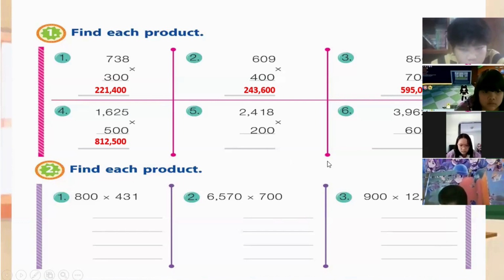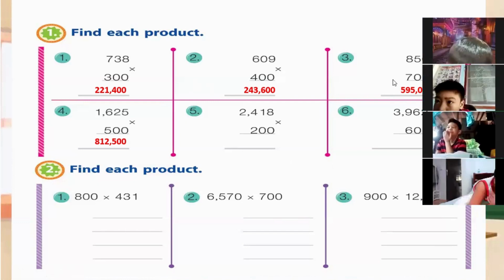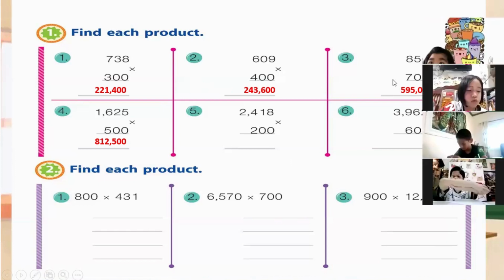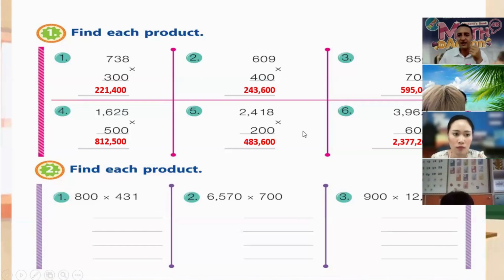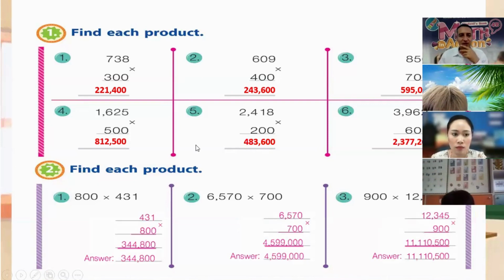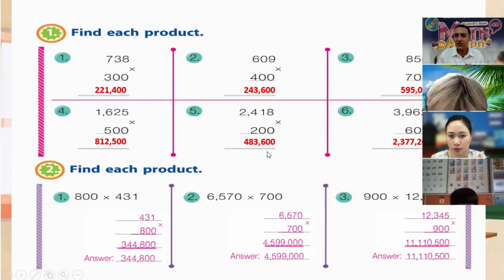Number 5, question number 5. Okay, so let me show you the answer, all right? So question number 5, 2,418 multiplied by 200 is equal to 483,600.